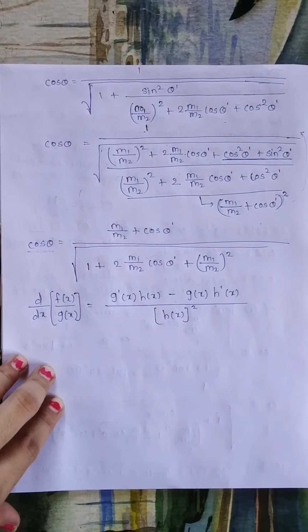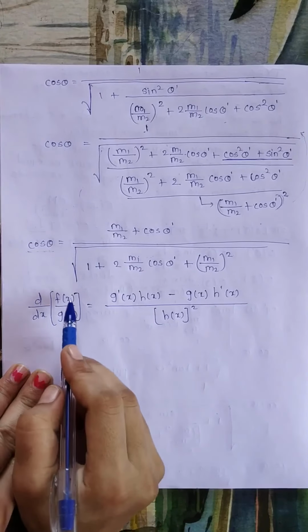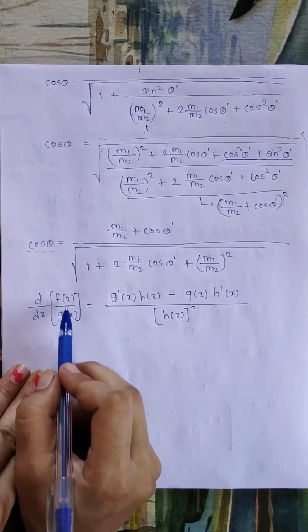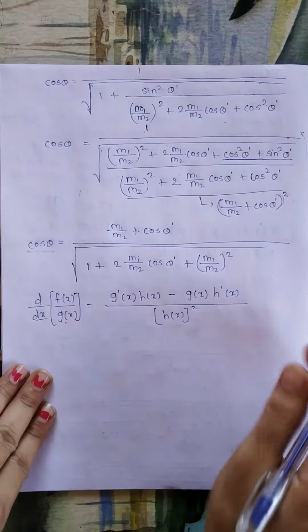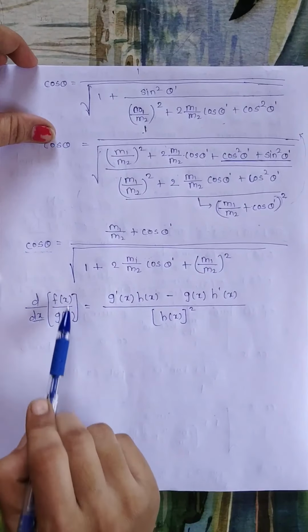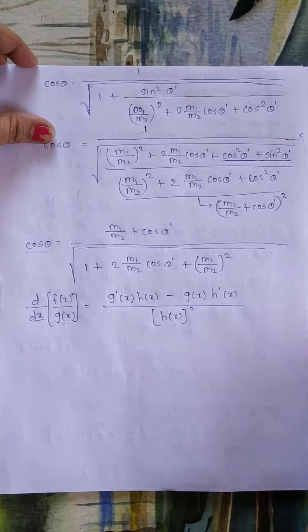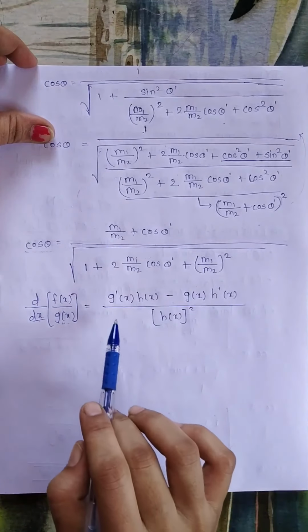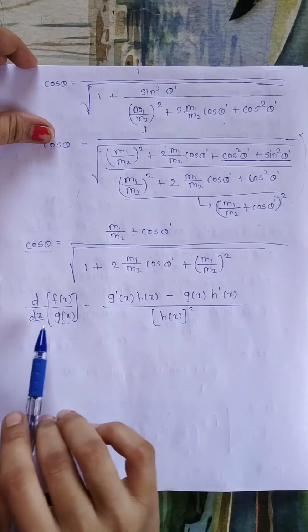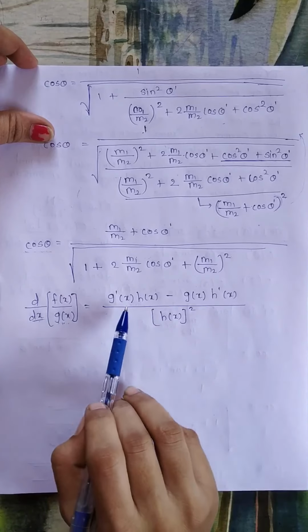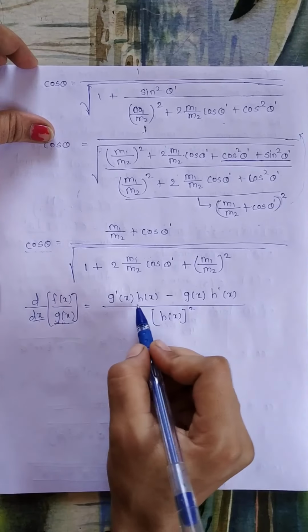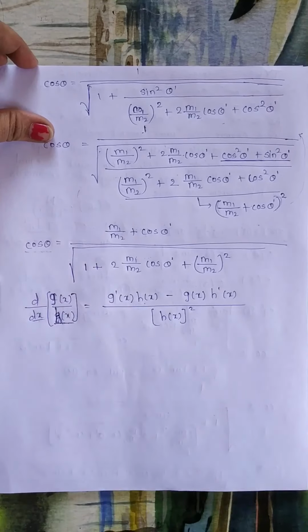That formula is, if there are two functions, let's say the first function is f and another is g, which are functions of x, and we are finding the derivative with respect to x, then the derivative of a quantity which is in the form of a ratio of two functions is calculated by using this quotient rule, the rule for the derivative of a ratio.